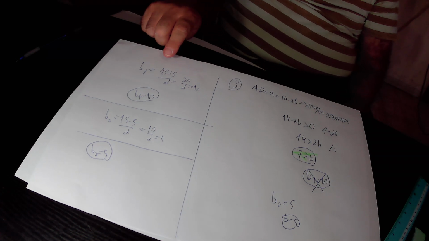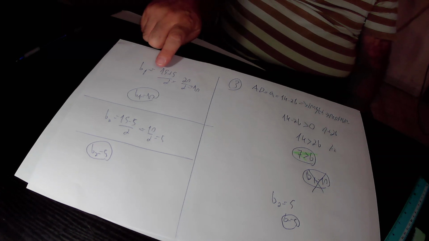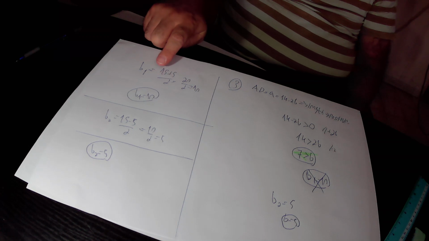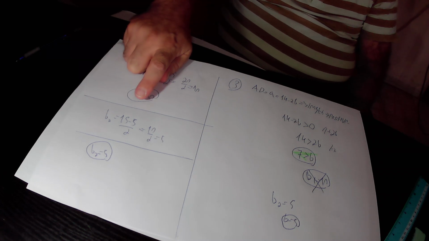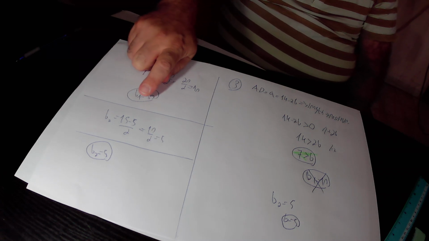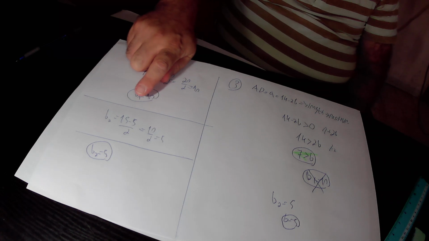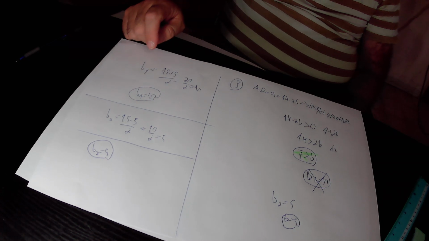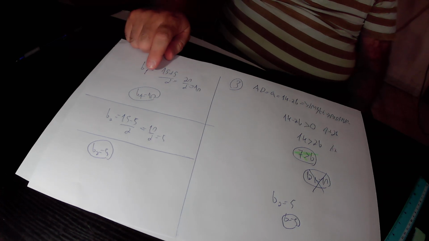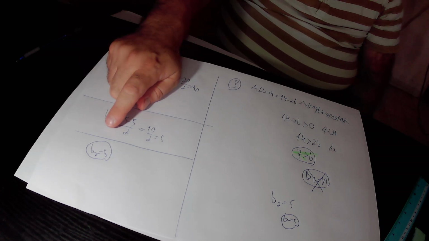So b1 is equal to 10. And the second solution for b is b2. b2 is 15 minus 5 over 2. 15 minus 5 is 10 and 10 over 2 is 5. So b2 is 5. So we have two solutions for b. The first solution is b1 equals 10, and the second solution is b2 equals 5.